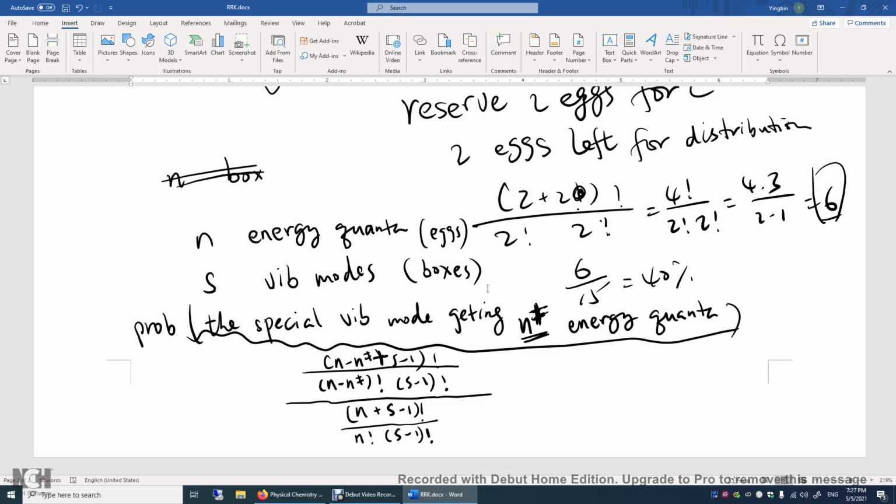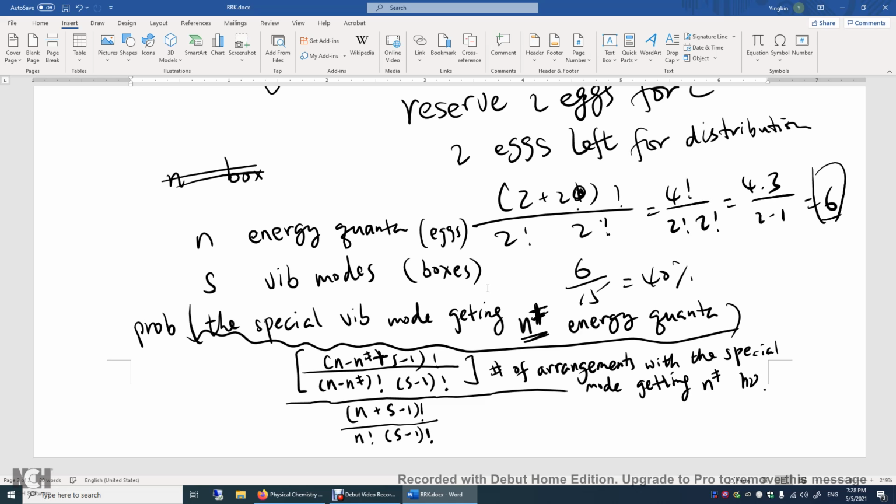On top, this is the number of arrangements with the special mode getting at least n double dagger h nu or energy quanta.